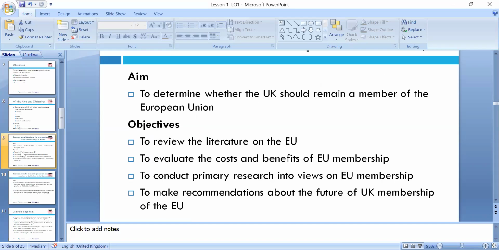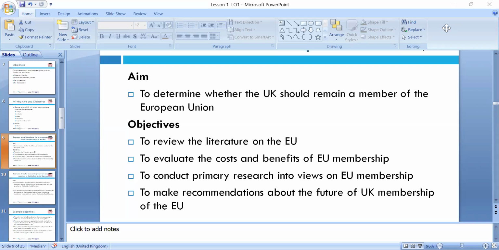Here is a question, please. We're not asking it now, but we asked it in the past. Maybe we can ask it the other way around: to determine whether the UK should enter again into the European Union as a full member.